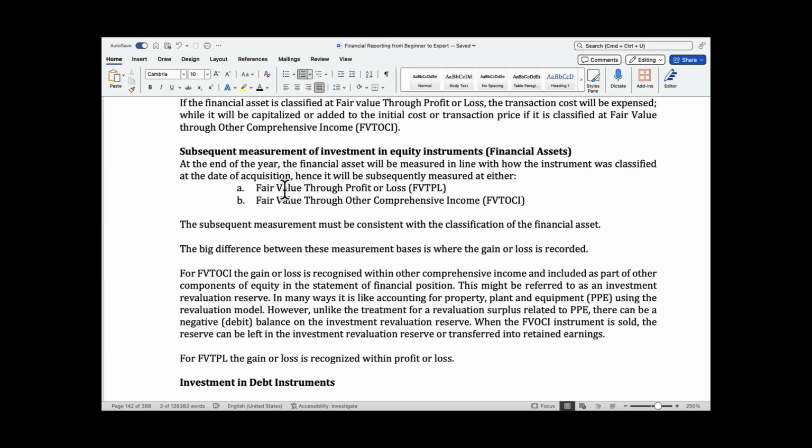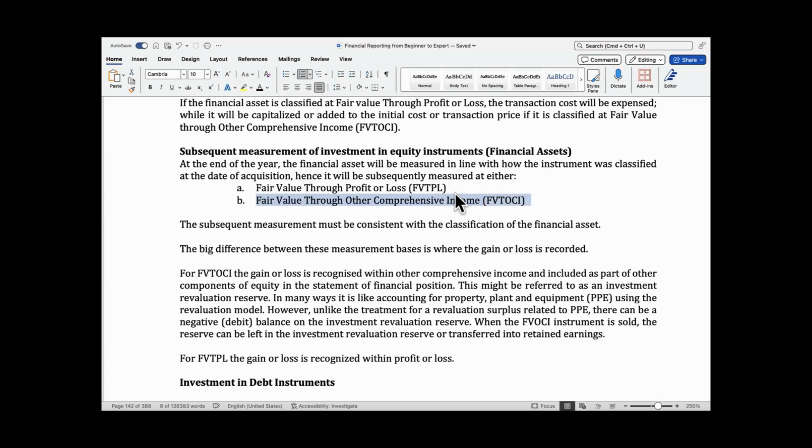Now these two are both speaking to fair value, but one is saying fair value through profit or loss, while the other is saying fair value through OCI. What's the difference? The difference is just the treatment of changes in fair value. How do you treat gains or losses?